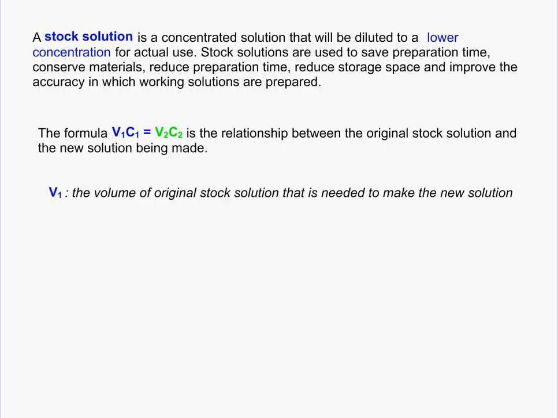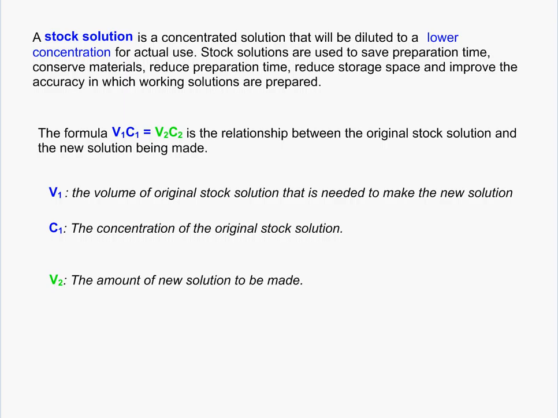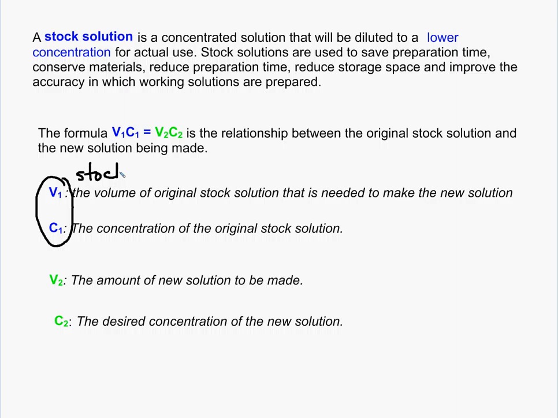When you're working with this formula, it's important that you remember what the different variables are for. So again, remember that V1C1 is for the stock solution and V2C2 is for the new solution. If you can keep those separate, you're in the right direction.